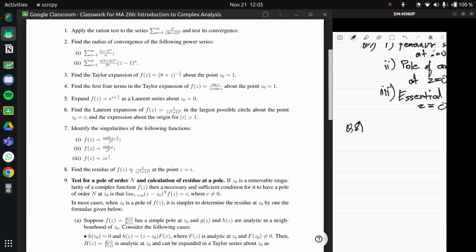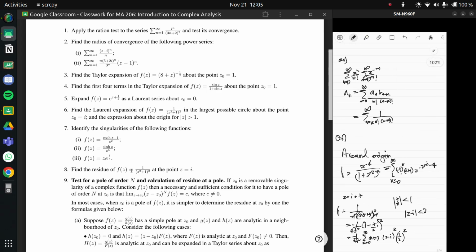Find the residue of this thing. So we just actually had the thing, right? We had this, at z equal to iota. So essentially what we want is whatever is at t equal to 1 over there. That's going to happen when you have k equal to 1.